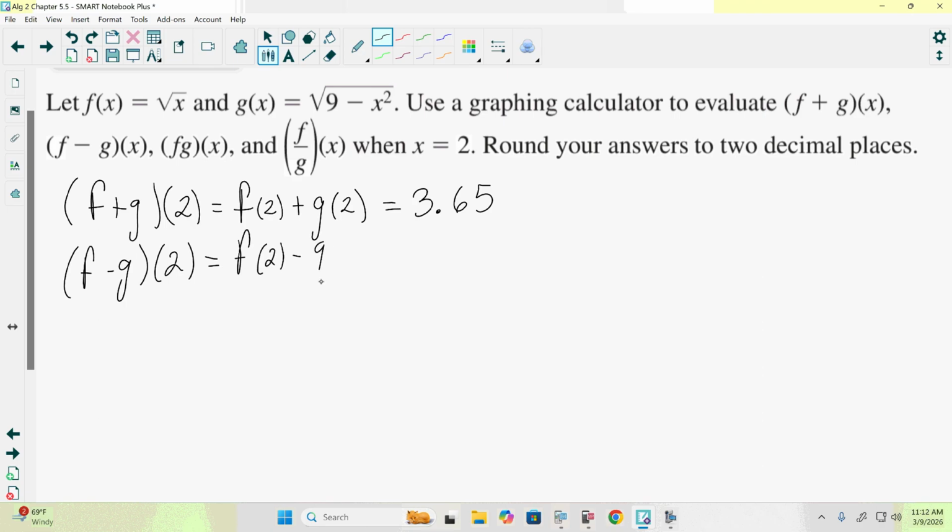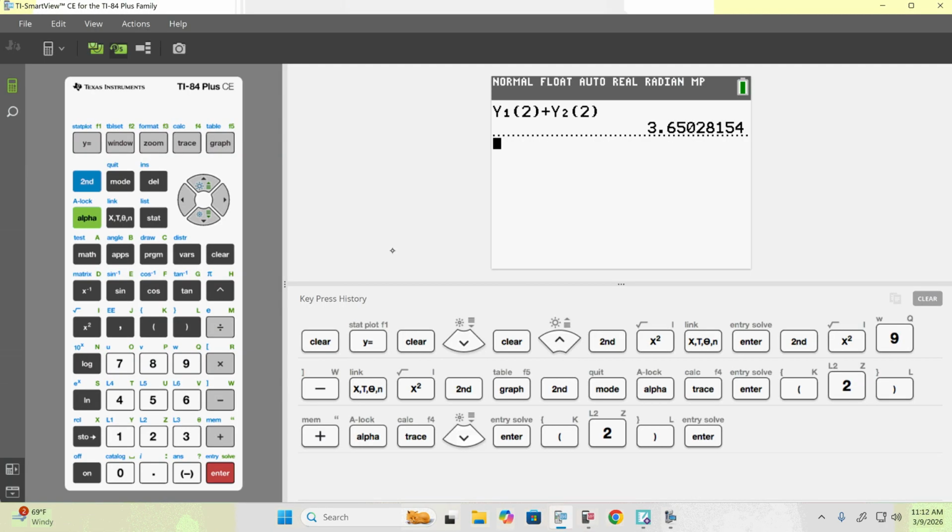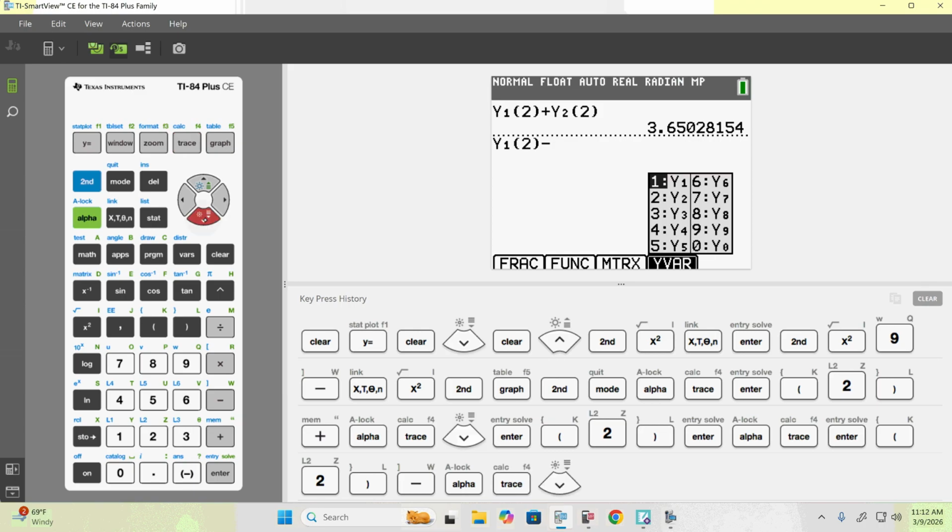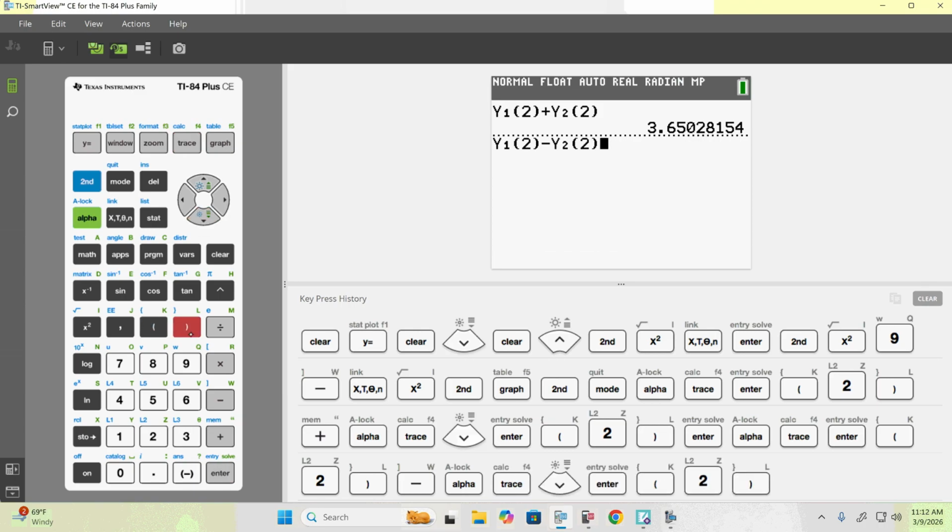Now, if we want to find f minus g of 2, we're going to do the exact same thing. So we're going to grab the calculator. We're going to go alpha trace y1 minus alpha trace y2, and have the exact same equation.